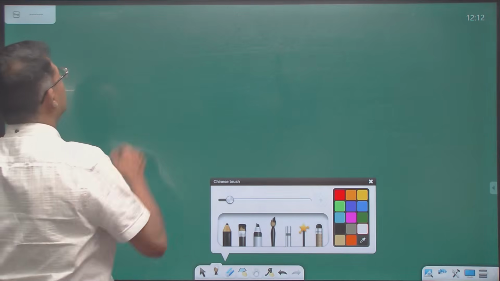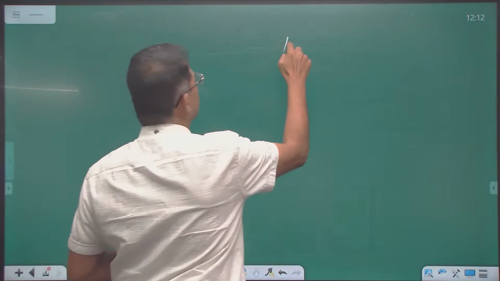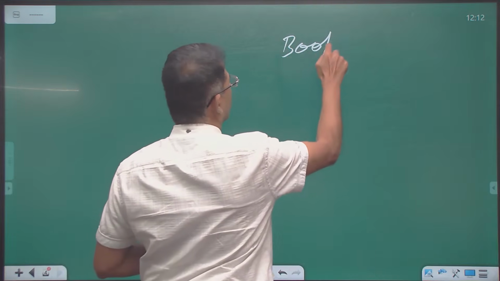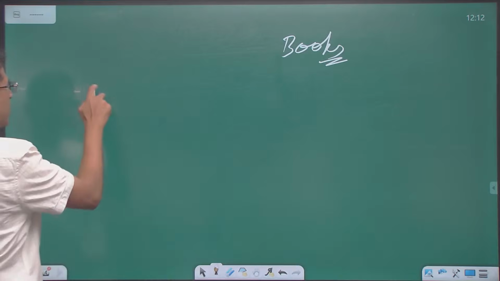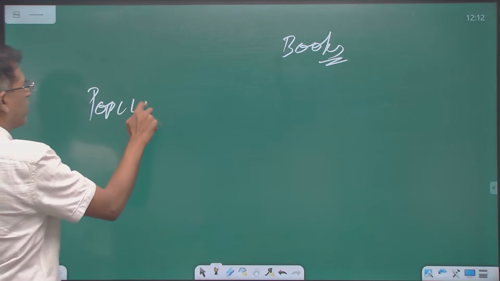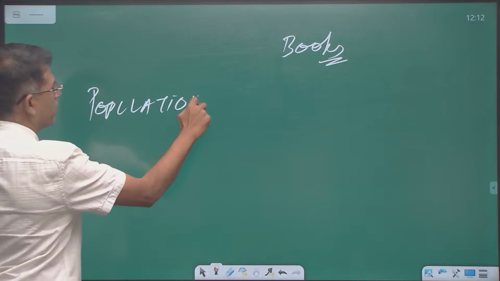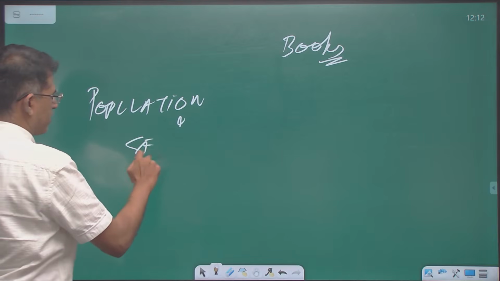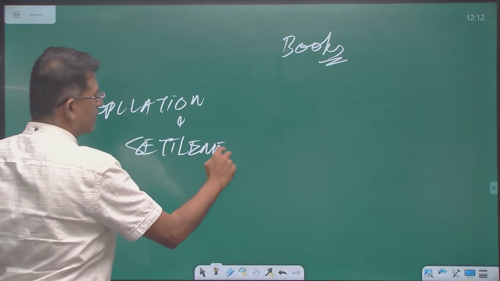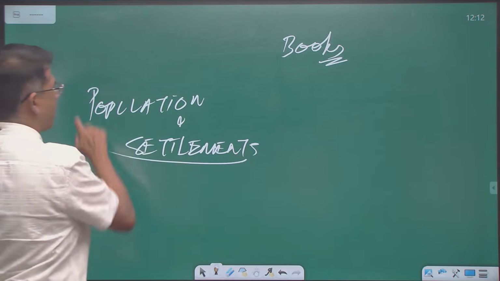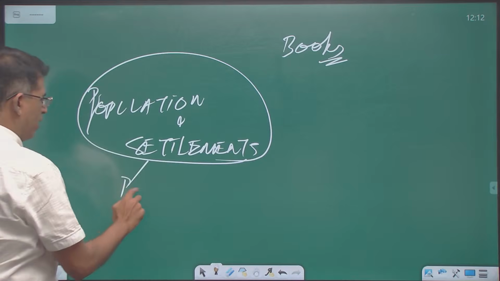Now, the books that you need for this unit. I'm starting with population and settlements. This is in paper 1.